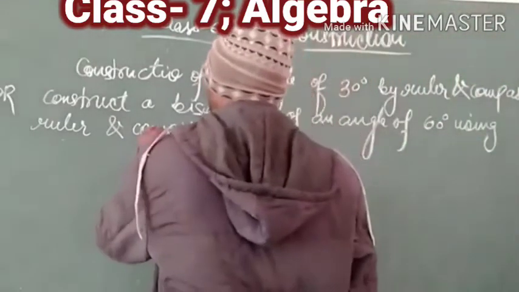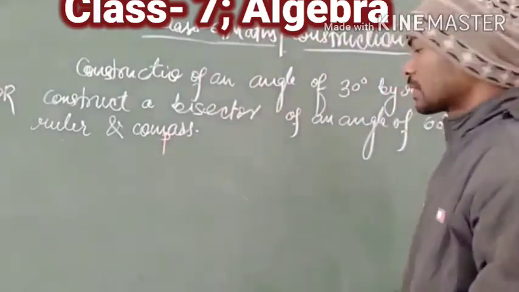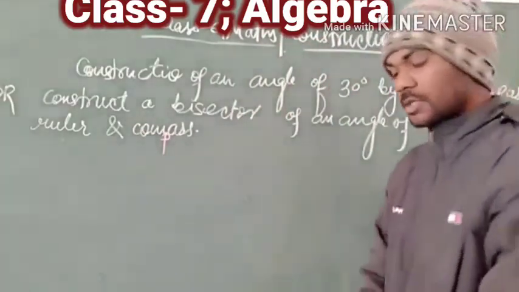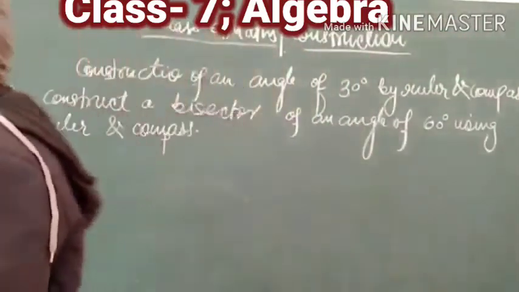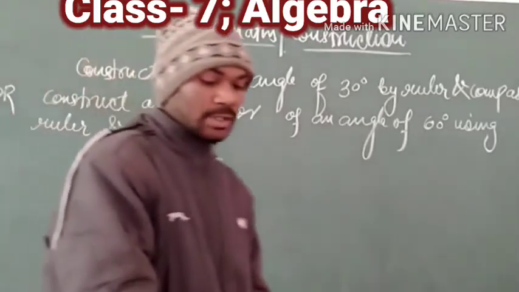So both questions are the same. Just here we can see that the first question says draw an angle of 30 degree using ruler and compass, or construct a bisector of an angle of 60 degree using ruler and compass. Okay, so both have the same sense.